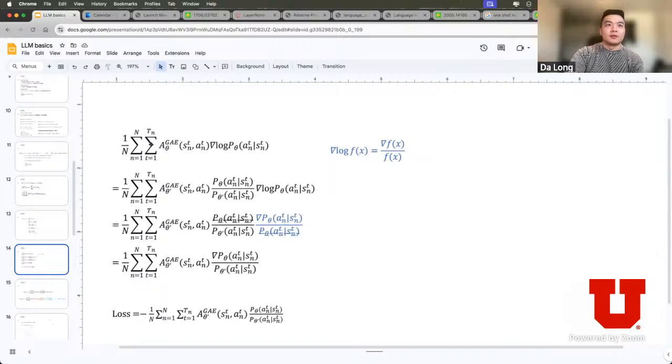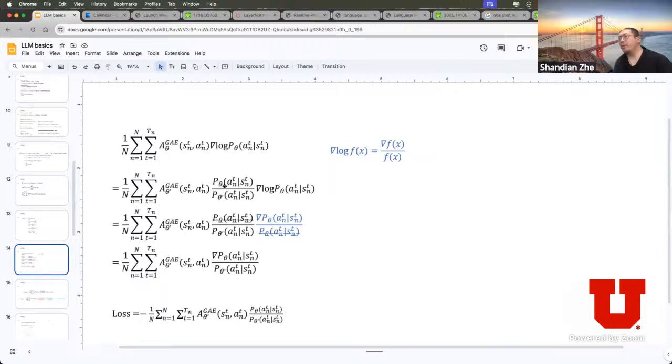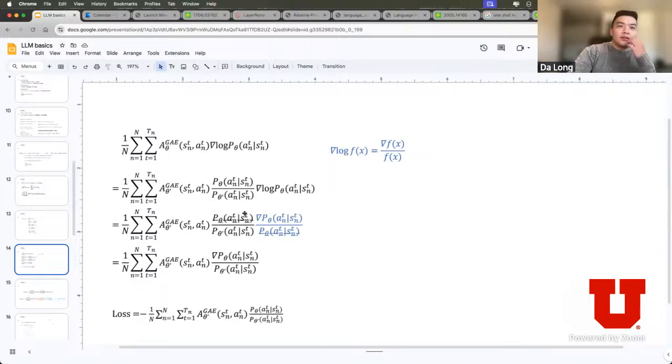So we can reformulate this, and p theta prime here is the reference policy. Basically you use your pre-trained model to generate a bunch of trajectories offline. Actually, I think this reference here is not the reference I talked about before.